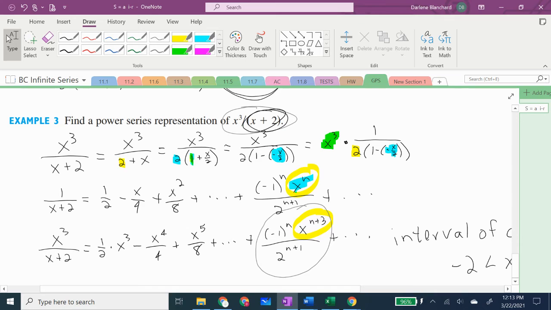In the formula itself, the only thing it changes is that the exponent is now n plus 3.